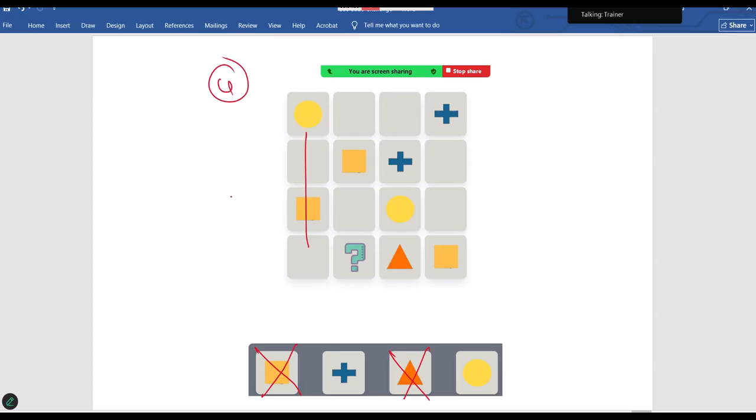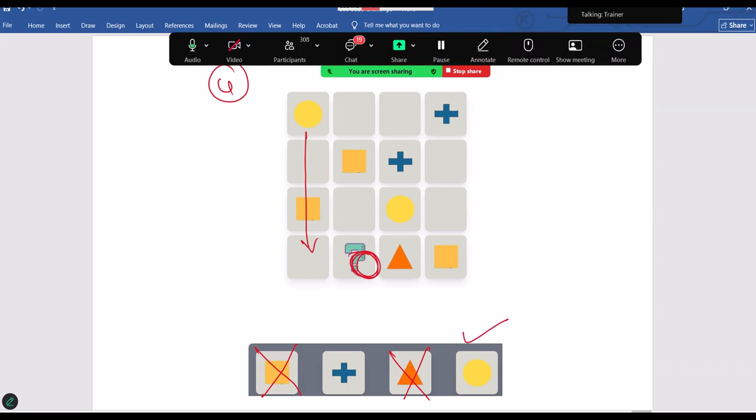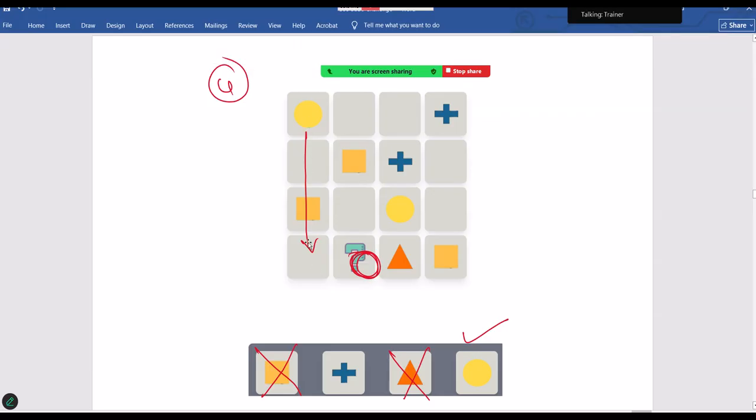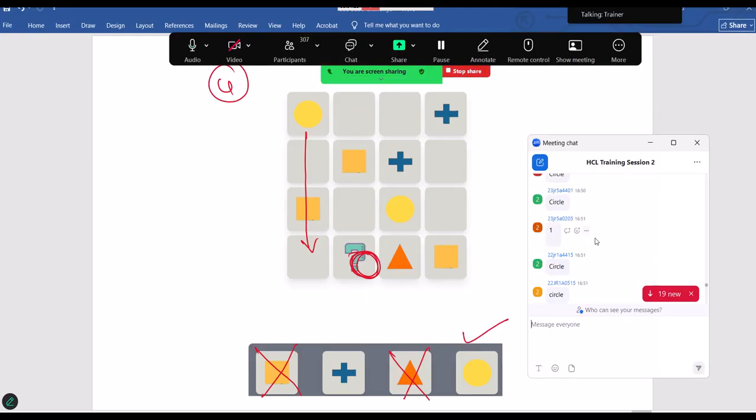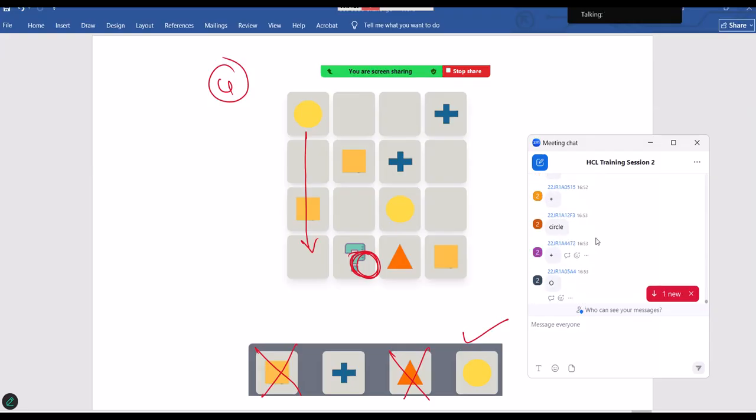Now circle cannot come here. Circle must be here. Answer is circle. Guys, see what's the approach we are following. Circle cannot come here. This place circle cannot be filled. This must be filled by circle only. Answer is circle, not plus symbol.